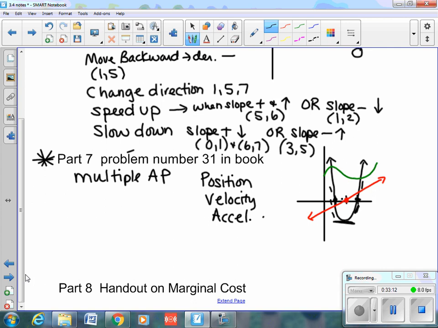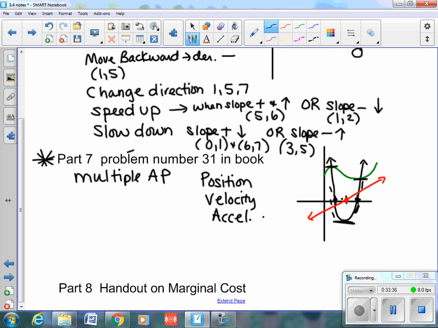The green line, do you notice important things about the green line? You always have to look at the green line and decide. You need to have a 0 on the derivative graph, right? So do you notice that this one needs a 0 on the derivative graph and this one needs a 0 on the derivative graph? Everybody see that?